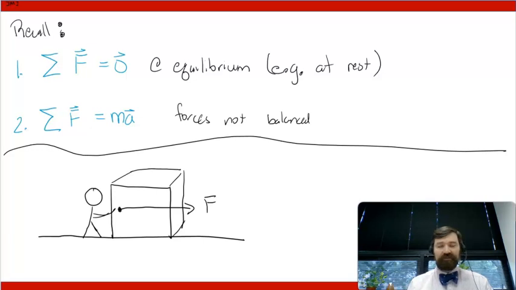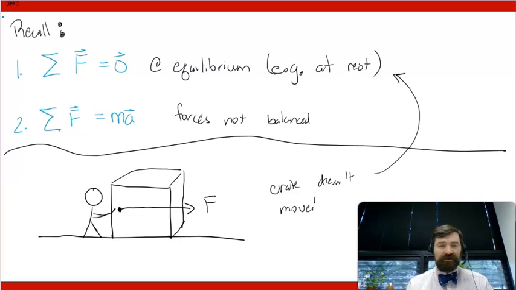And the crate, of course, does not move because it is very, very large and heavy. Where does this other force come from? If the crate doesn't move, then we're looking at this law right here, and so the sum of forces must be zero.